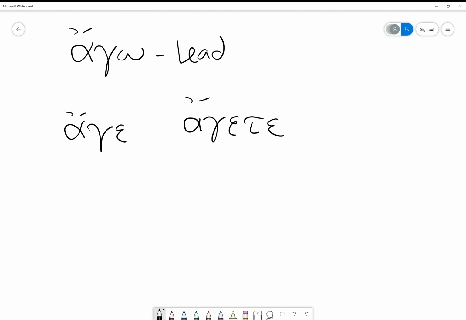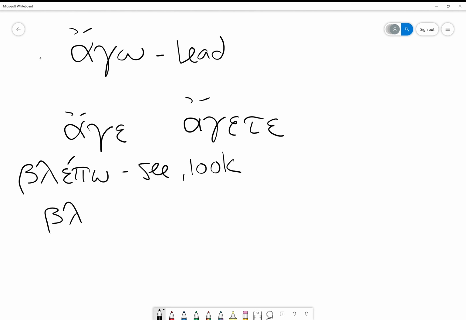We can also, maybe we're telling somebody to look at something, so we're going to use blepo, to see or to look. Okay? Blepe. And in the plural, blepete.